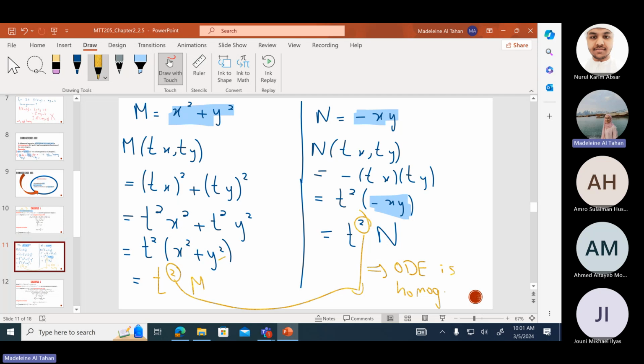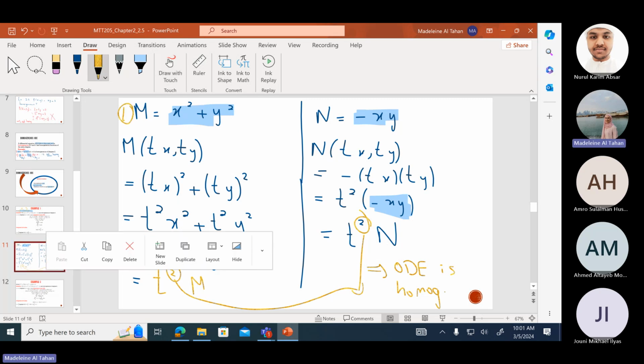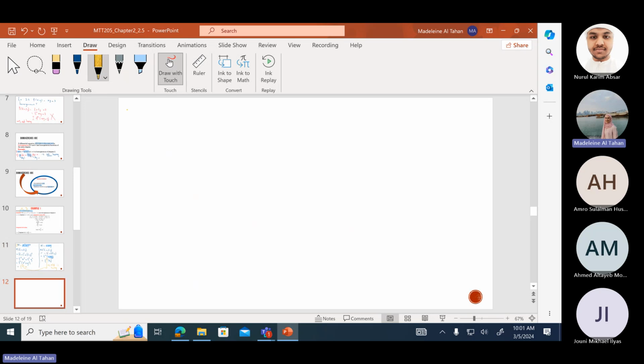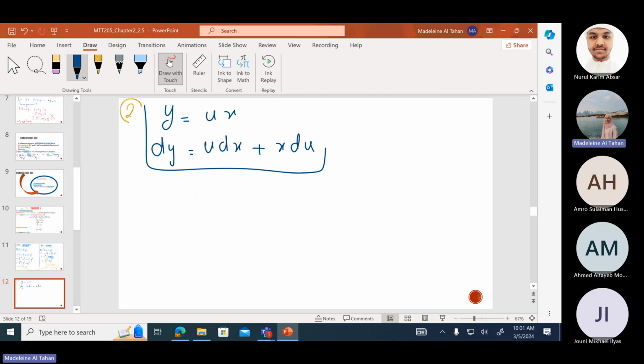Can we move now to the next step and do substitution? What's our substitution for homogeneous equations? Y equals ux. So this is the first step. Now, the second step is we will use our substitution y equals ux. And again, dy is u dx plus x du. Substitute in the given ODE.